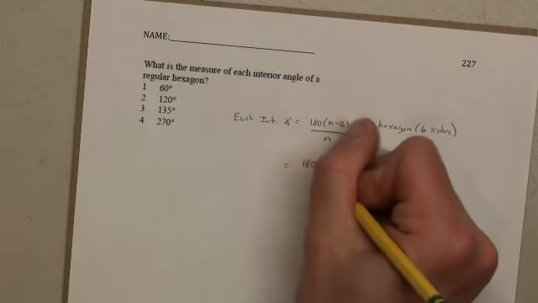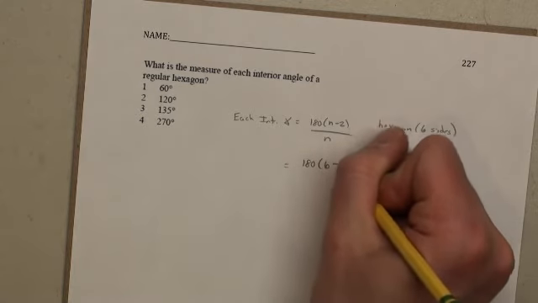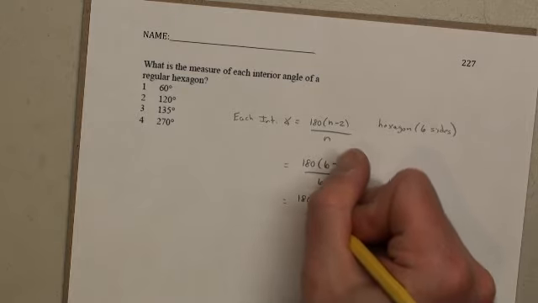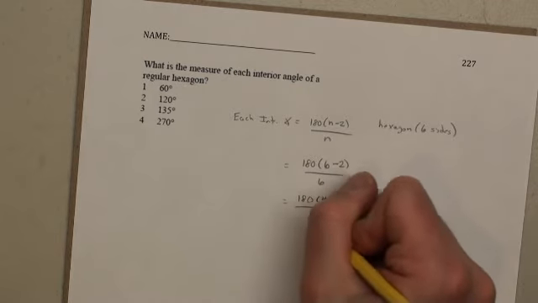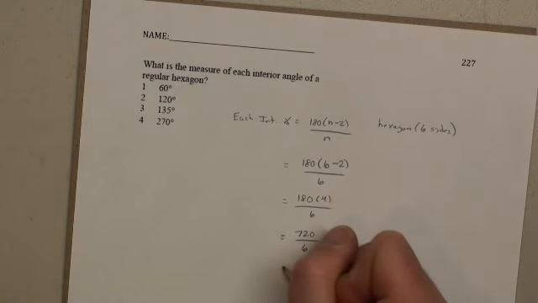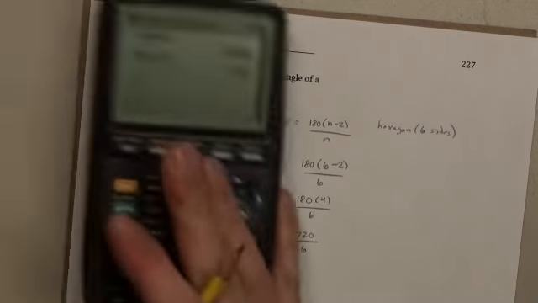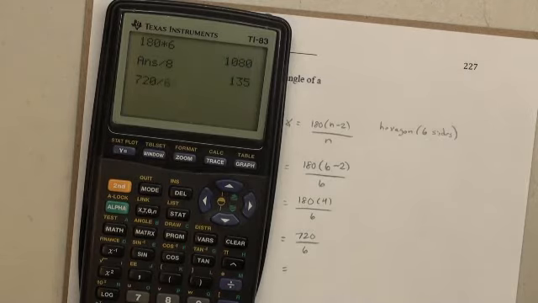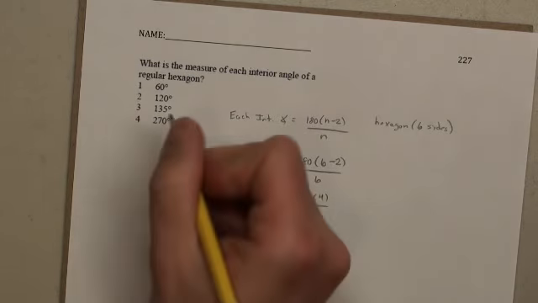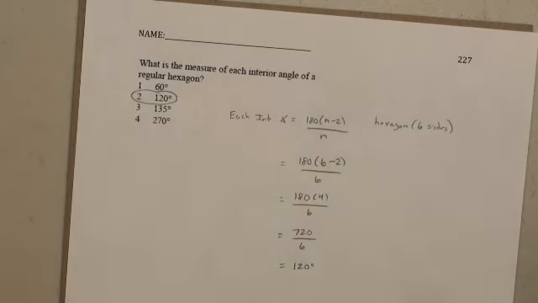So we have 180 times 6 minus 2 over 6 equals 180 times 4 over 6 equals 720 over 6, which is 120 degrees. Choice 2.